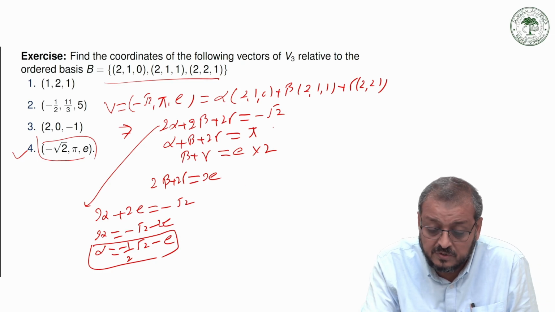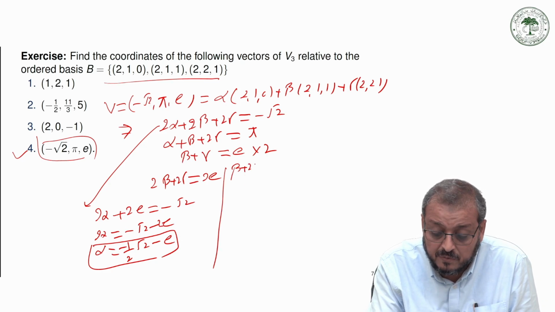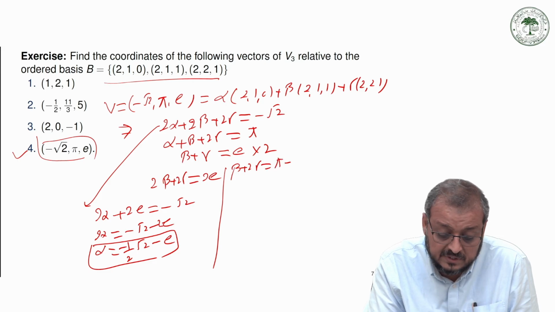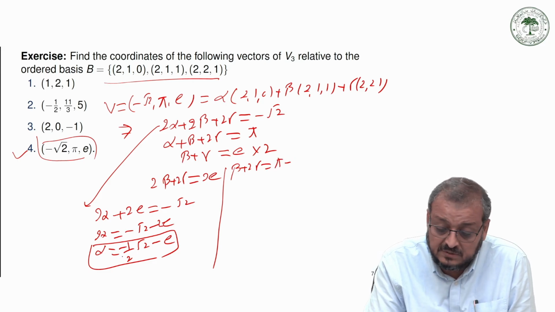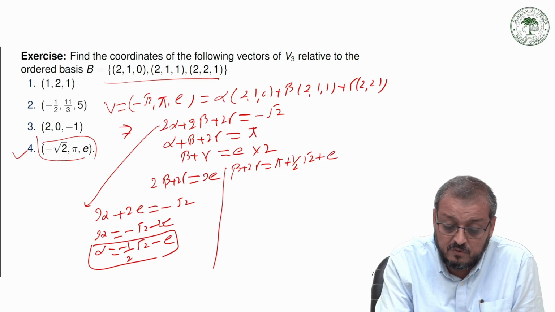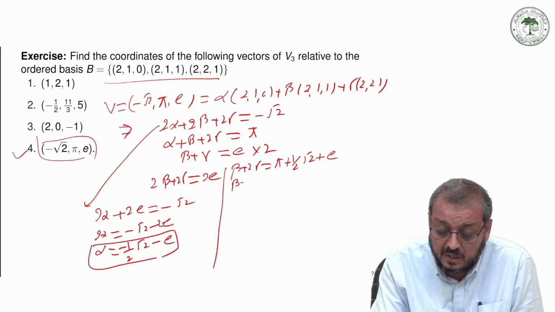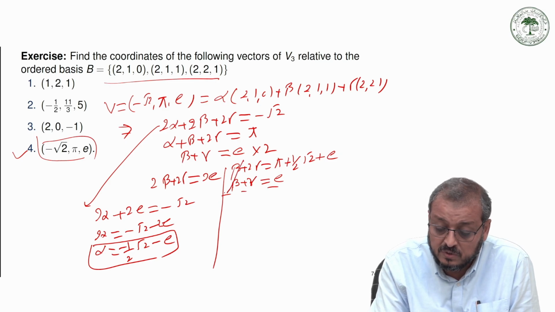So from these two equations we get beta plus 2 gamma is equal to pi minus alpha. So minus alpha is equal to plus 1 by 2 root 2 plus e, and then beta plus gamma is equal to e, and then you just subtract these two, so this cancels out.